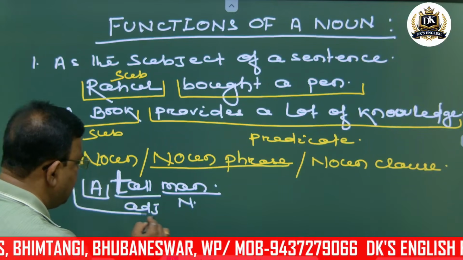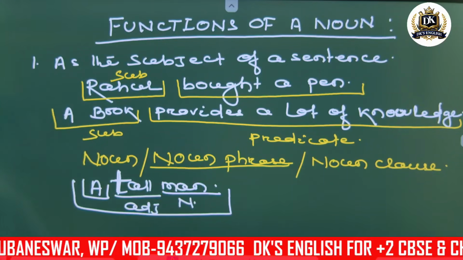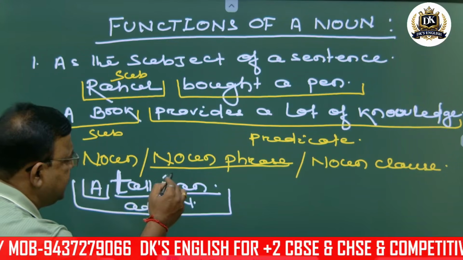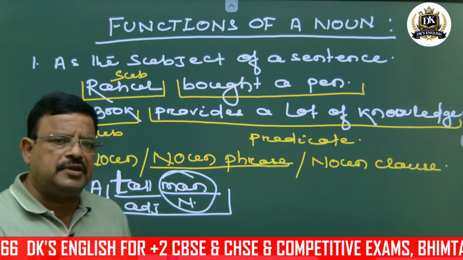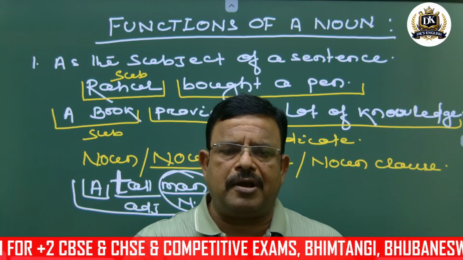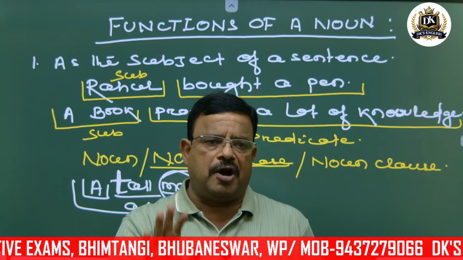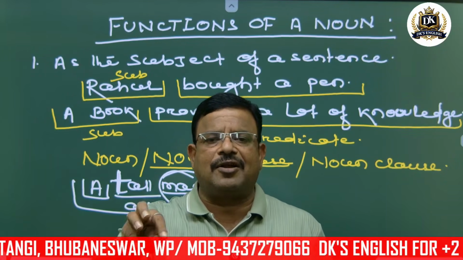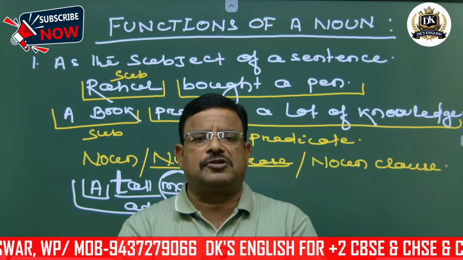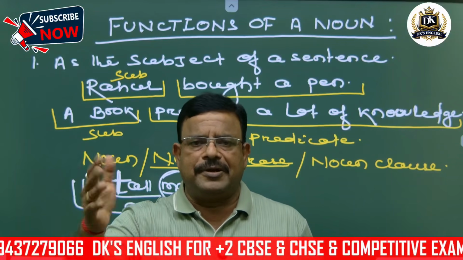So in the noun phrase "a tall man", man is the noun. Whenever you think of a noun phrase, students, remember that in a noun phrase there is no verb, because phrase means there is no verb. Then in a clause there comes the verb. How it functions as a noun clause will be discussed.